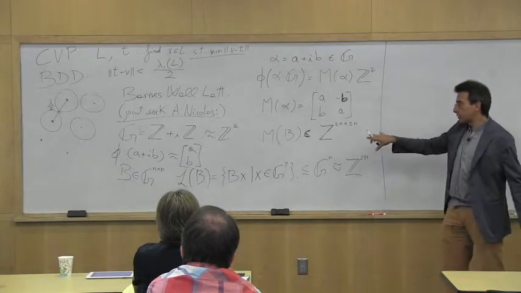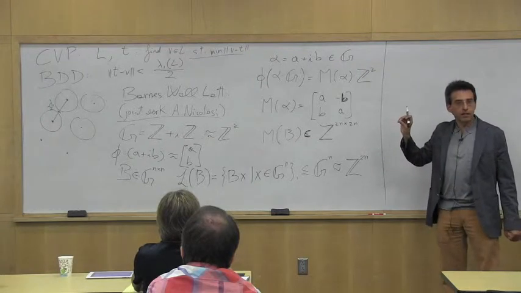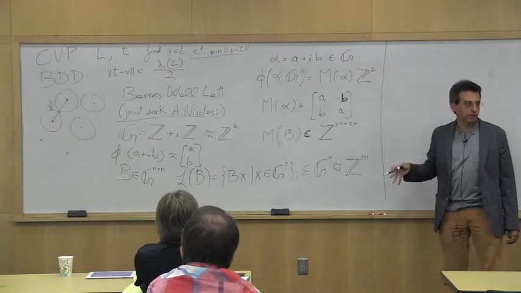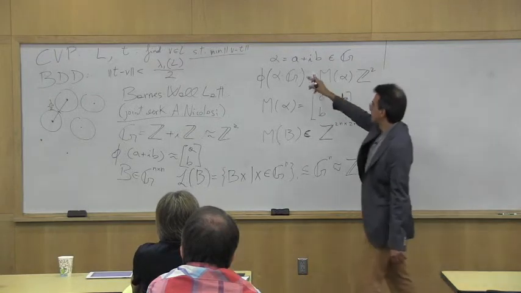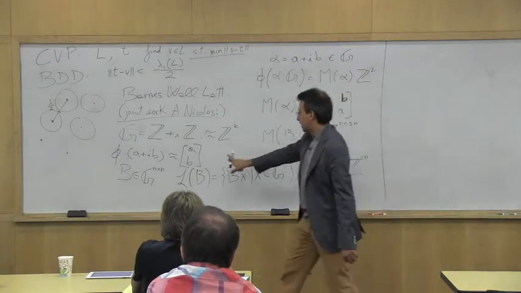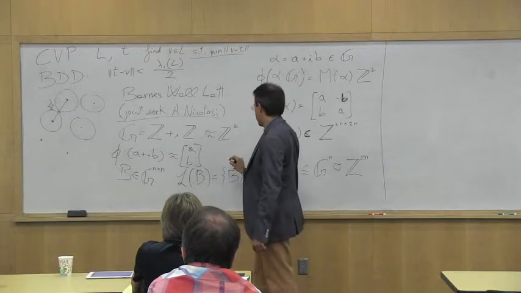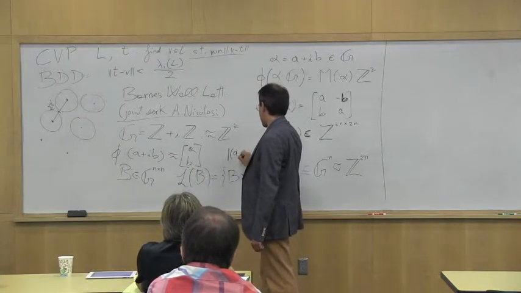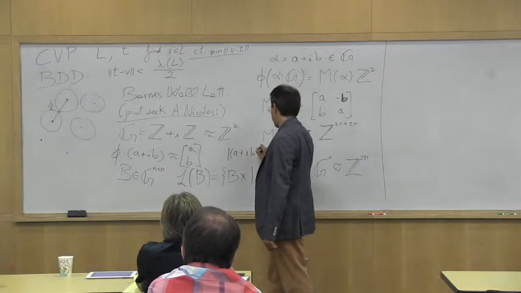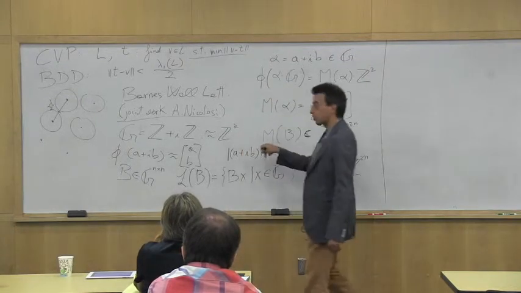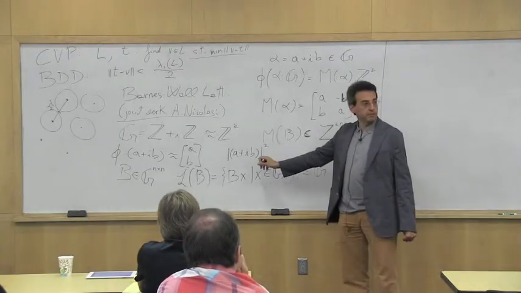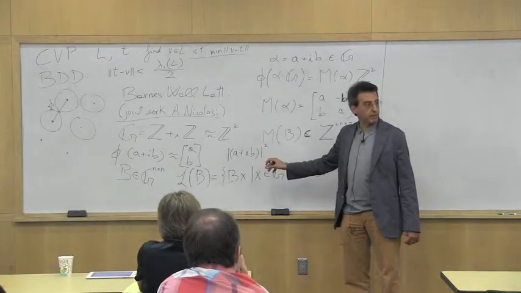So one nice thing to observe is that the norm of a vector is just the same as if you use complex numbers. So the norm of alpha of A plus iB, if you take the norm squared as a complex number, that's A squared plus B squared.